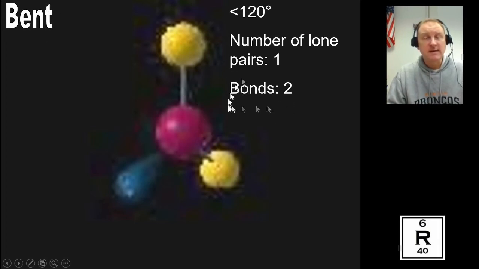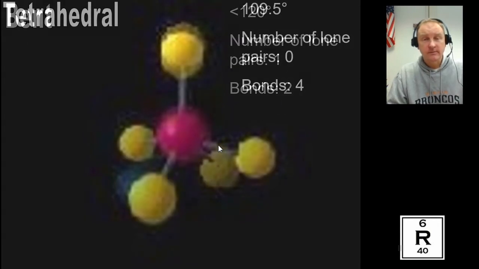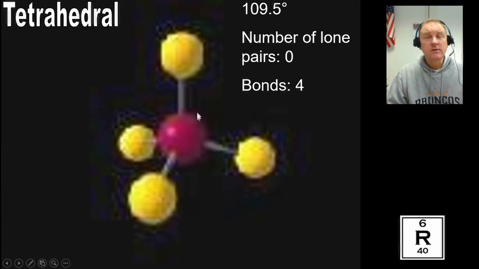So this is a bent structure, 2 bonds and 1 pair of electrons. Tetrahedral would be that shape here that we talked about before. Tetrahedral has 4 bonds with no lone pairs. There's nothing lone on here, and the bond angle of a tetrahedral is 109.5 degrees.